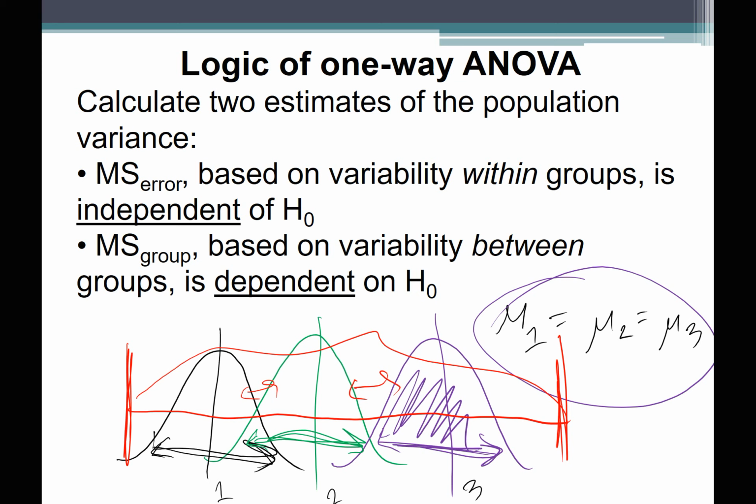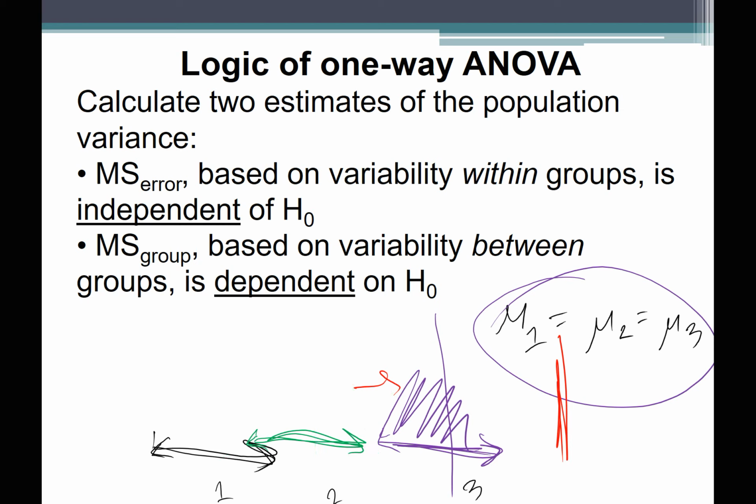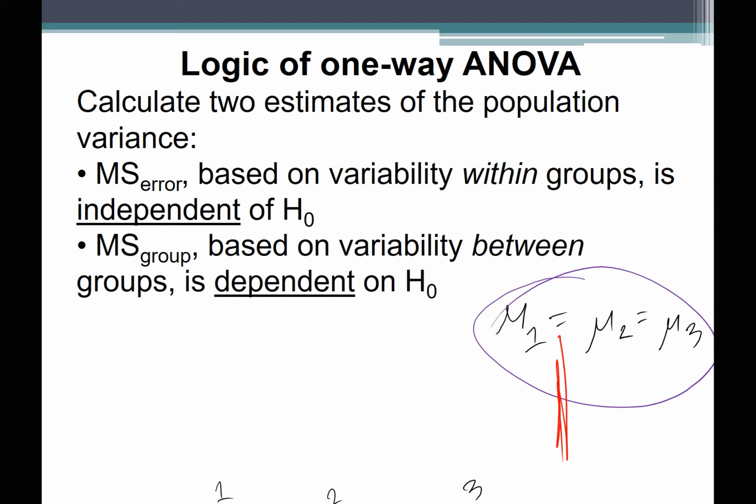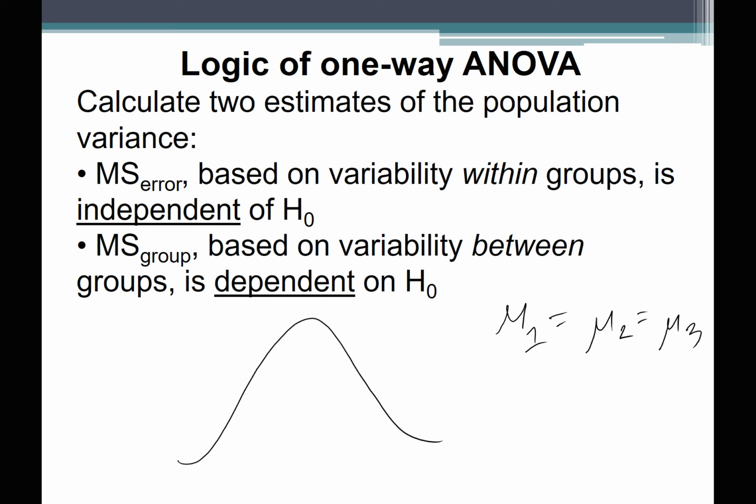Let's just start over here. So let's say that our null hypothesis was true. Then curve 1 is the same as curve 2, is the same as curve 3, right? So in this case, our between groups variability and our within groups variability are the same thing, because they're all right on top of each other.